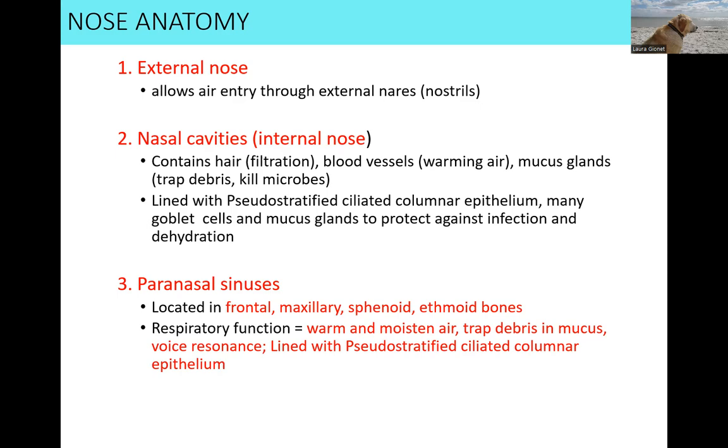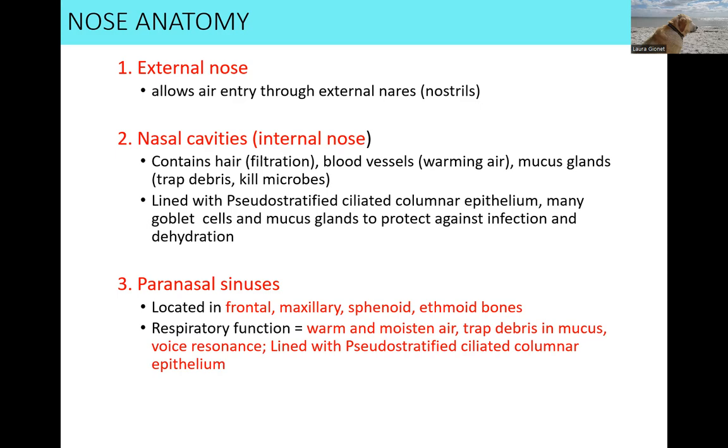The tissue found there is pseudostratified ciliated columnar epithelium with many goblet cells stuffed in between. The mucus glands produce the mucus that we secrete on the surface, which helps protect against infection and dehydration.